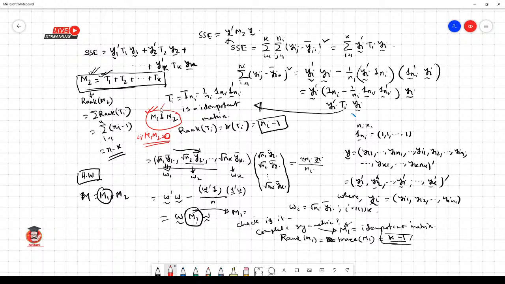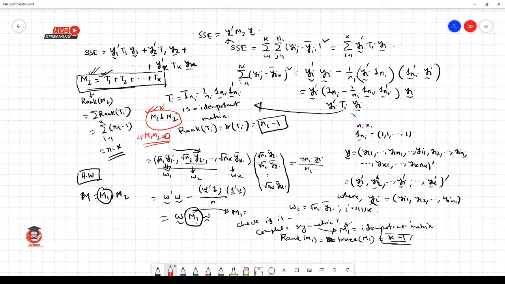If M1 and M2 are idempotent, then M1 M2 equals 0 automatically follows using Cochran's theorem, and the rank of M equals the rank of M1 plus the rank of M2.